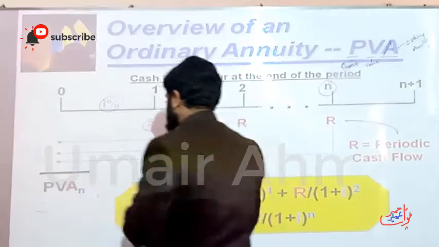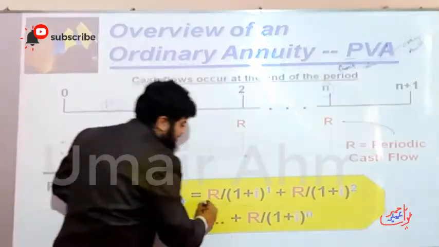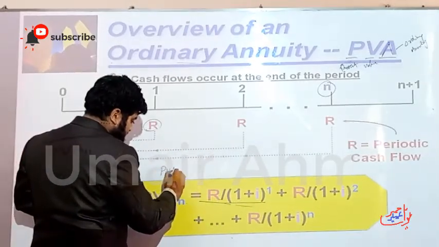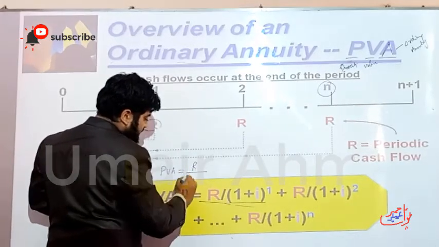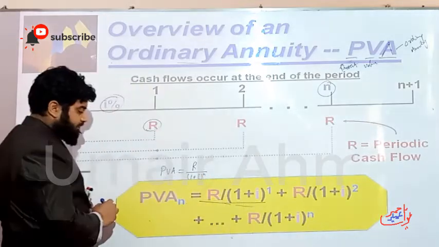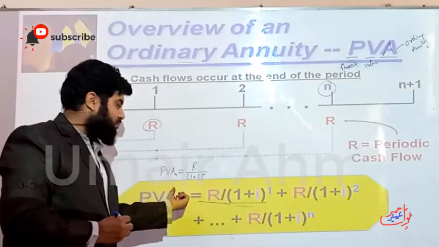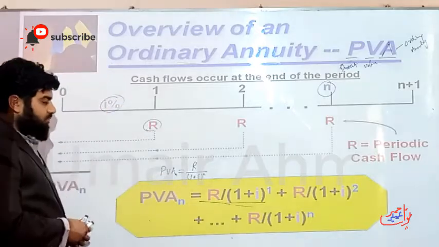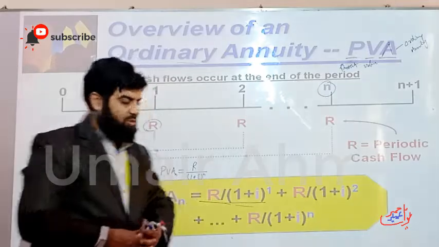So we can calculate the present value of an annuity by using this formula. Simply, PVA is equal to R divided by 1 plus interest rate to the power N. It's the summary of the formula, and in another form you can calculate it like this, for 1, 2, 3, 4 and so on.